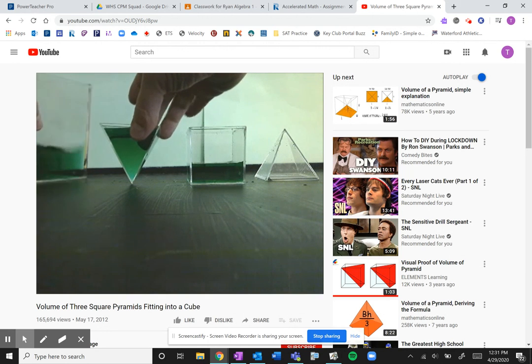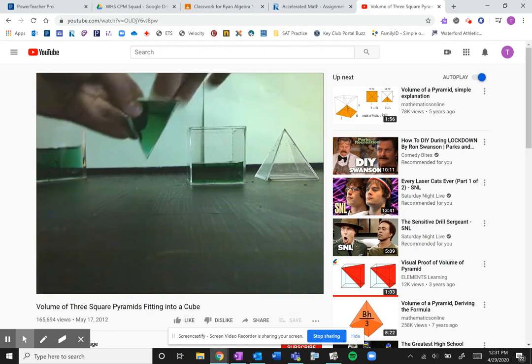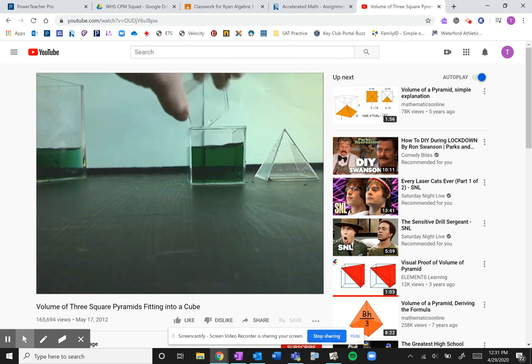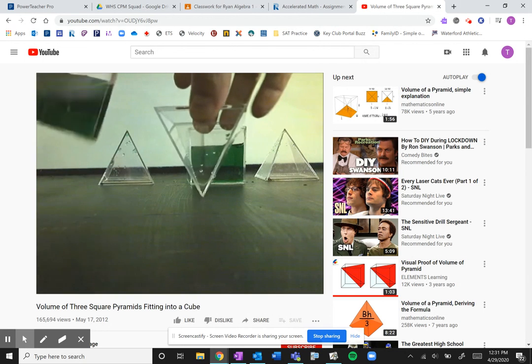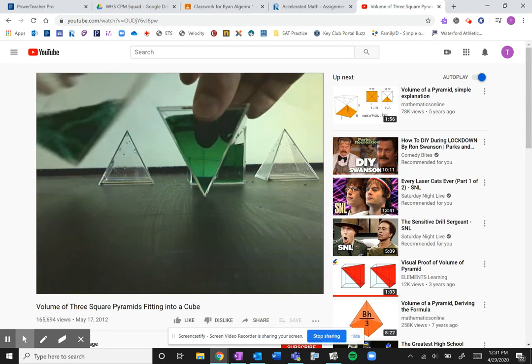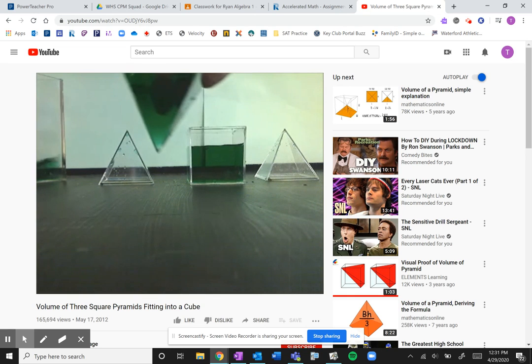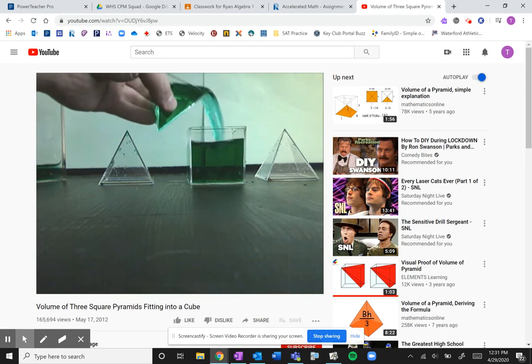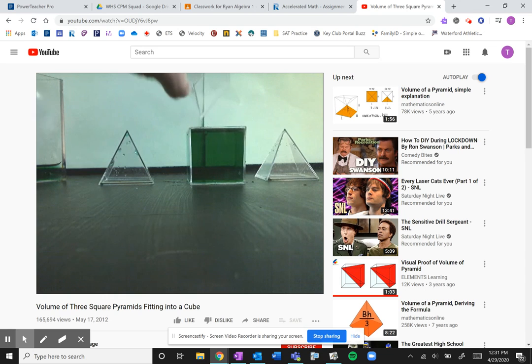And what we're seeing is that if you fill up one pyramid of water, dump it in the prism, two pyramids of water, dump it in the prism, and then you get a third pyramid of water and you dump it into the prism, as I'm sure we're expecting, it fills it up.